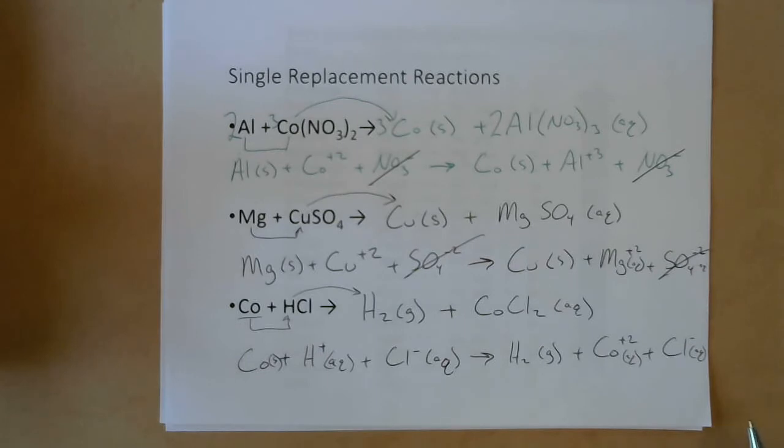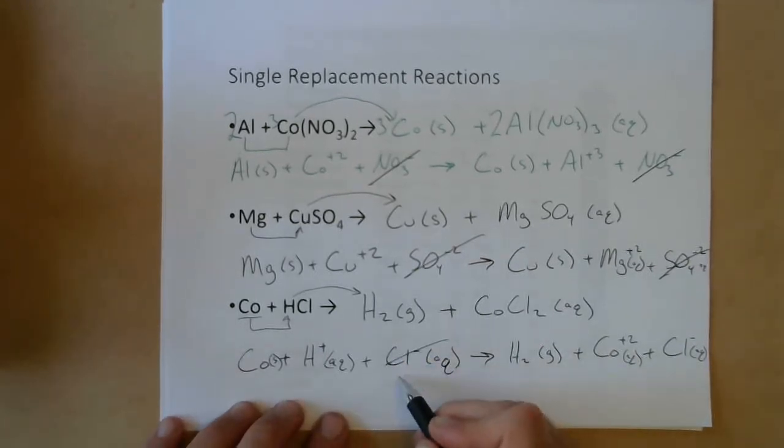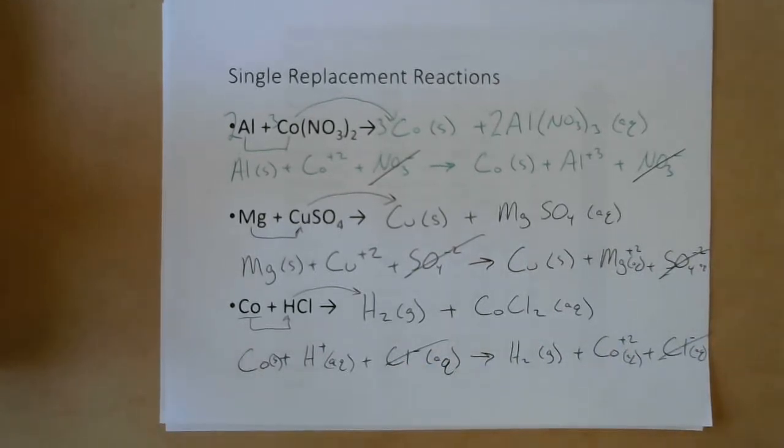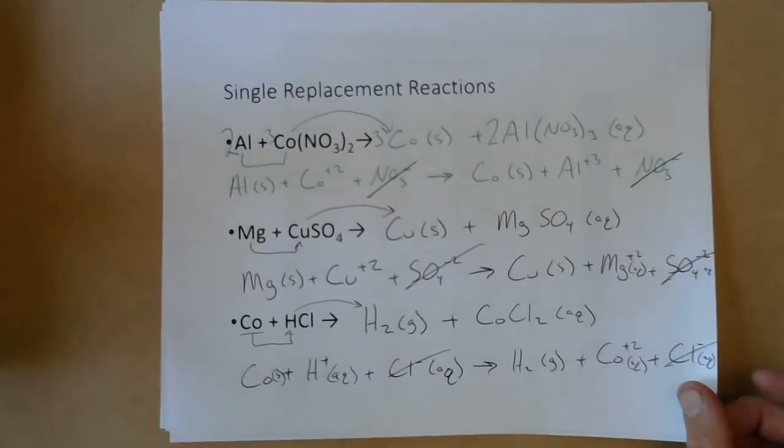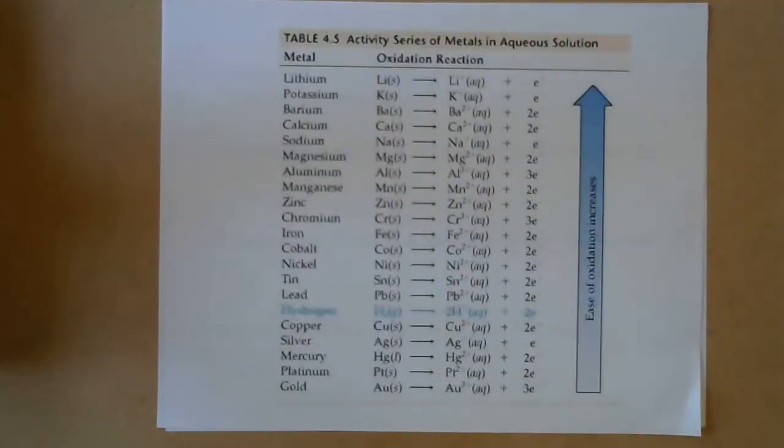And then we look for spectators, and we have the chlorine ions as your spectators. So those are single replacement reactions.